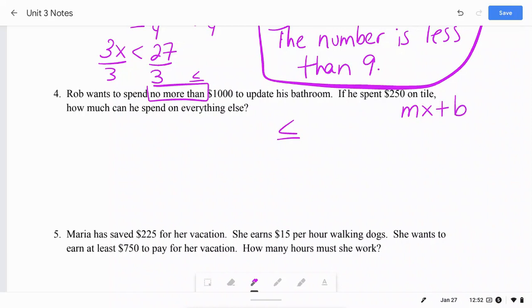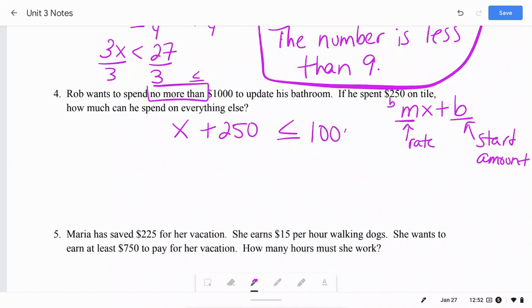So I don't see a rate, so I don't think we have a rate here for the slope, but I do see that we have a starting amount, which is our b variable. So 250 would be our b variable. So I'm just going to write 1x plus 250 has to be less than or equal to the total amount, which is 1,000.